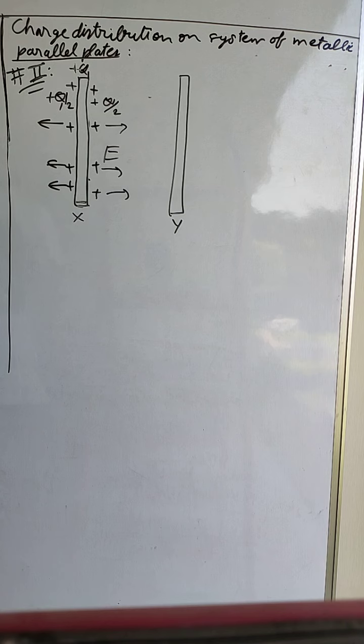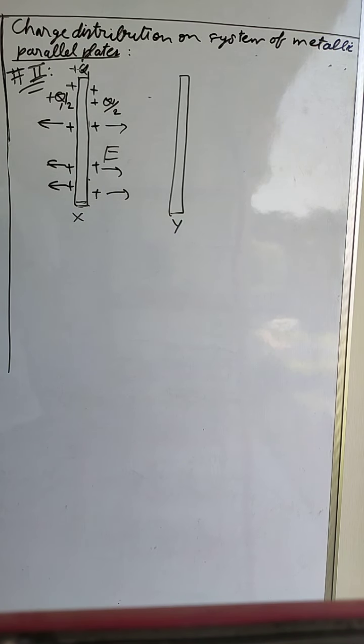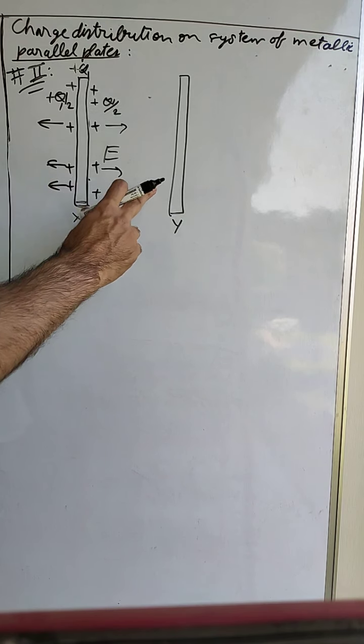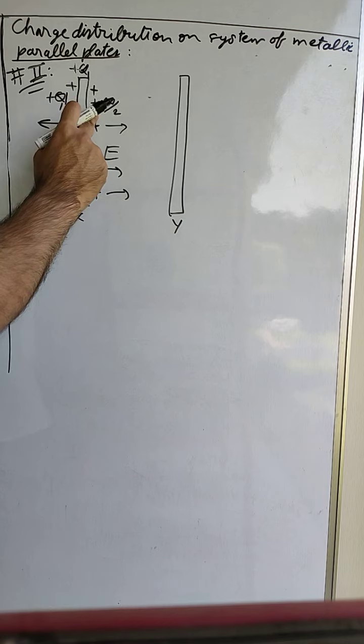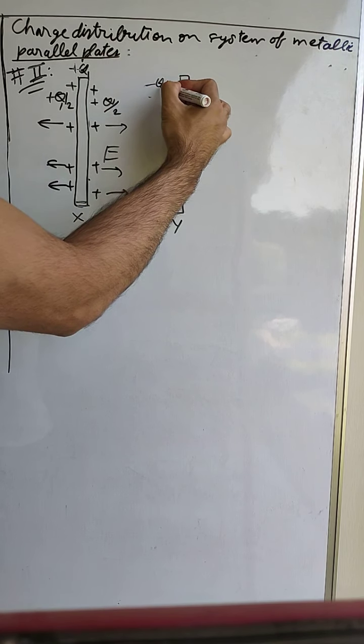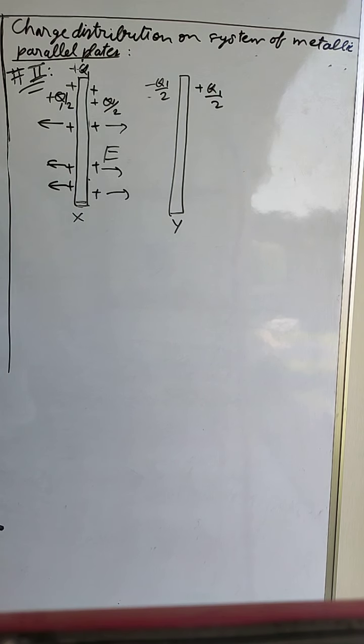Now let us say that in the starting, plate Y is not charged. Then plus Q1 by 2 will induce a minus Q1 by 2 here, and this will induce a plus Q1 by 2 on the other side. So Y will get minus Q1 by 2 on the left and plus Q1 by 2 on the right face.